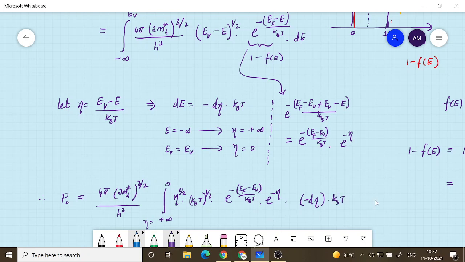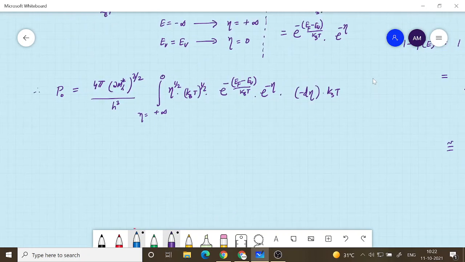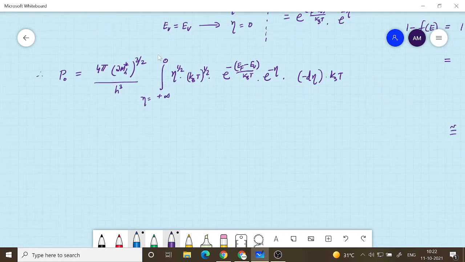This minus sign I can use to interchange the order of limits. I can make the upper limit the lower limit by absorbing this minus sign, and the constants I will take outside. Like before, kBT raised to 3 by 2, I will put inside.